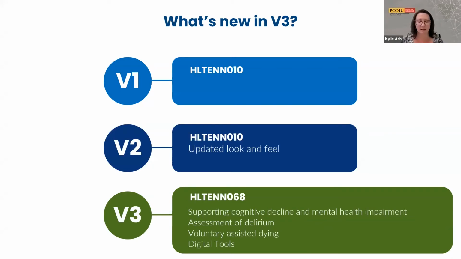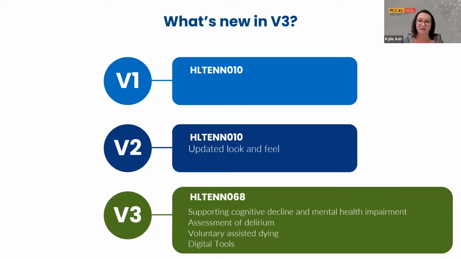Yeah, so it sounds like this is going to be new to some people in the room here. So version 3, with significant new material, has been included within our Enrolled Nurse Toolkit V3. The major differences in performance criteria and the knowledge evidence that needed further development to meet the needs of this new unit of competency really are around those points that I've listed on the slide there.